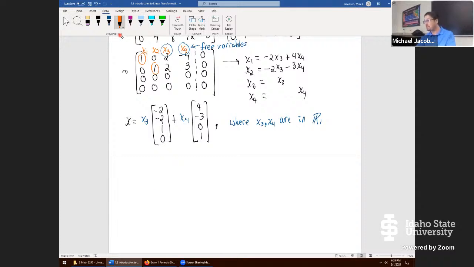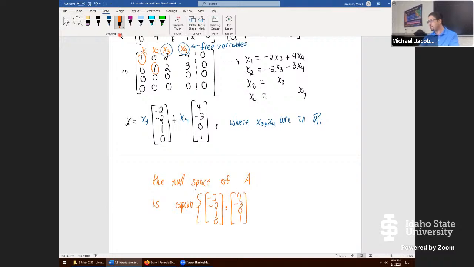Later on, we're going to say the null space of A is the span of -2, -2, 1, 0, comma 4, -3, 0, 1.